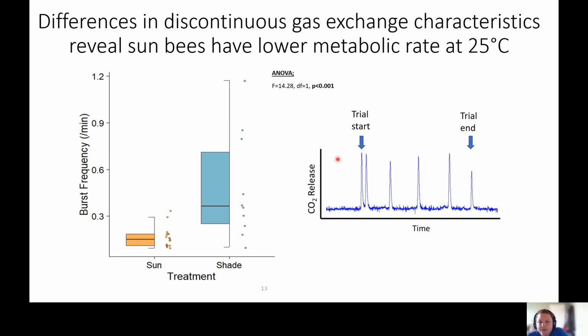The first and last peaks are when I open the chamber to put the bee in or take the bee out. So the burst frequency is the number of CO2 bursts per minute. And over here on the left side, we found that bees from the sun released CO2 less frequently over the trial, suggesting that they have a lower metabolic rate than shade bees at 25 degrees Celsius.